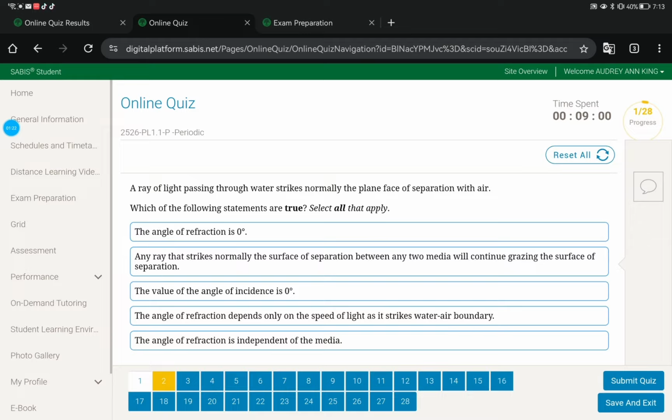A ray of light passing through water normally strikes the plane face of separation with air. Which of the following statements are true? I don't know if you remember this diagram, but this is the boundary, and this is the normal.